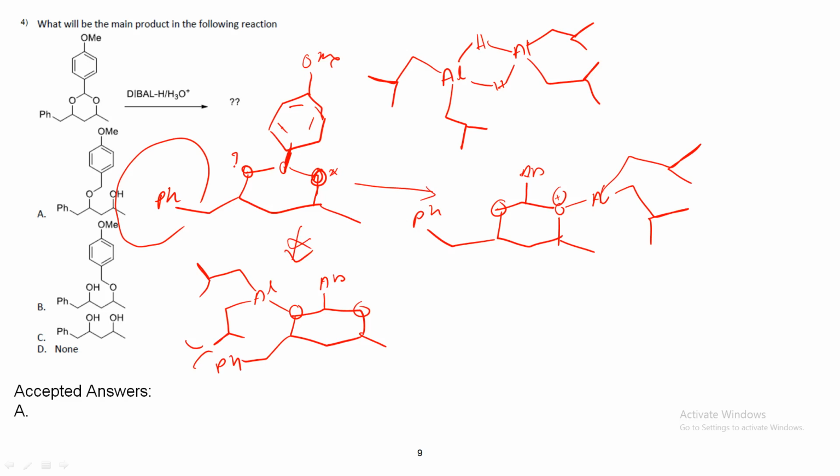Now when this forms, what is happening, it's just like our deprotection chemistry of acetals. So this oxygen lone pair would push and this would do like this. Here we have H, right, and minus. So it should be like this.